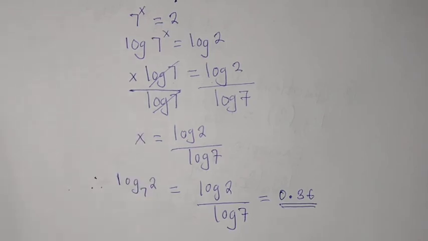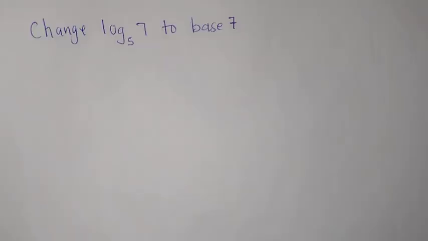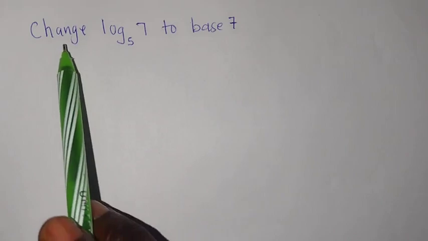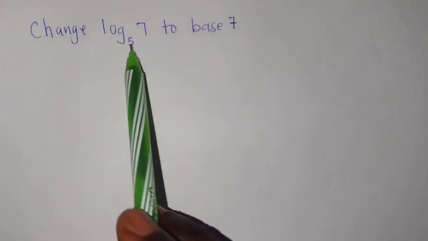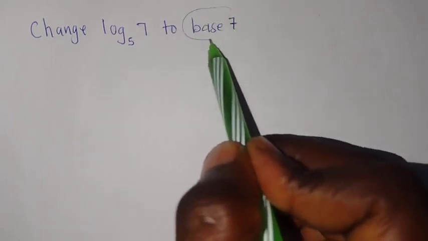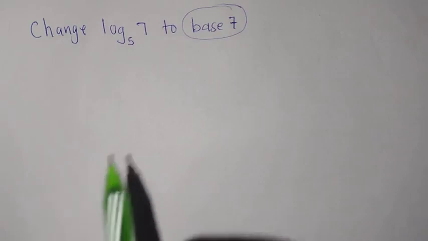Okay, so let's look at another example. All right, so here is another example. I want you to understand again on this example. Change log 7, which is in base 5, to base 7. So they want us to change to base what? 7. Pay attention.